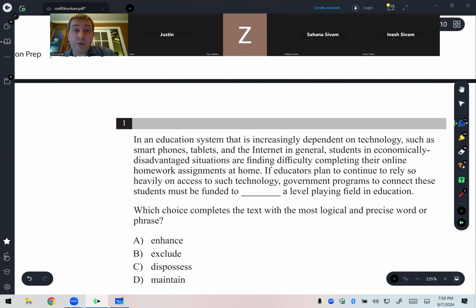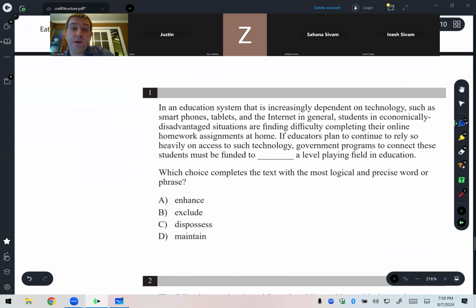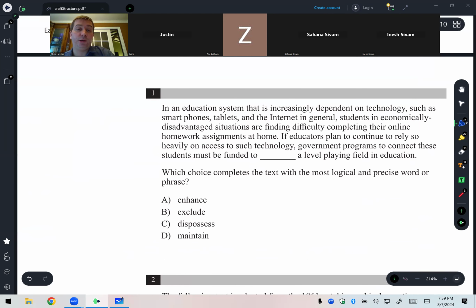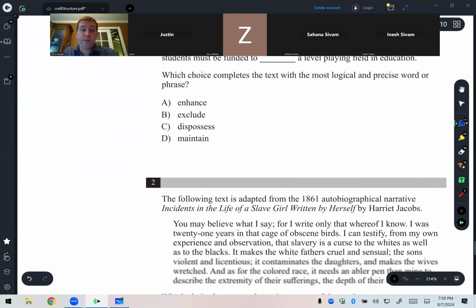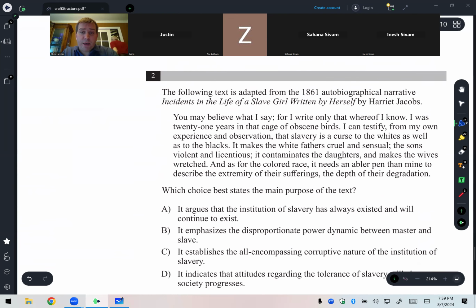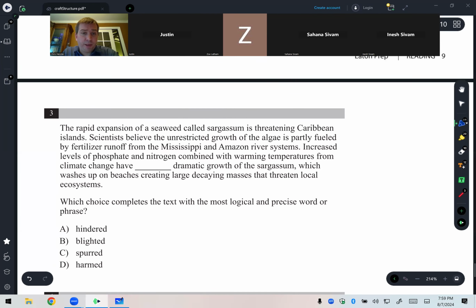All right, now I'm going to unleash you on some to try. So the first one is just a fill in the blank type question. You're just going to see which word makes the most logical sense in the context of that passage. Number two is a main idea question or a main purpose question. Number three is another fill in the blank question.